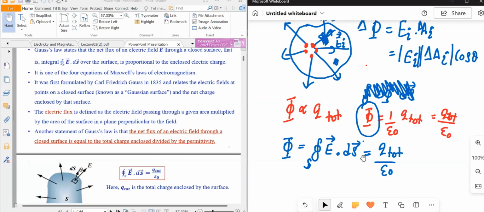We need to integrate each of these small segments over all the surface, so that is going to be the surface integral of E dot dS, and that is also the flux. So flux is equal to Q total over epsilon naught. This is the Gauss law.